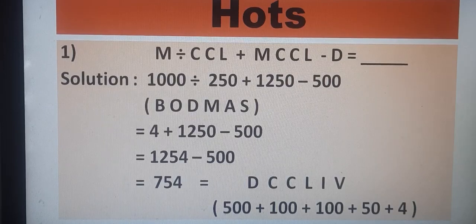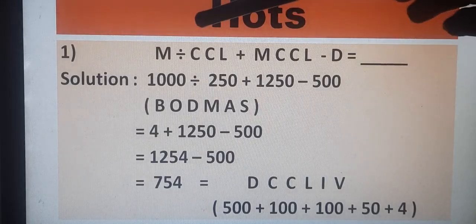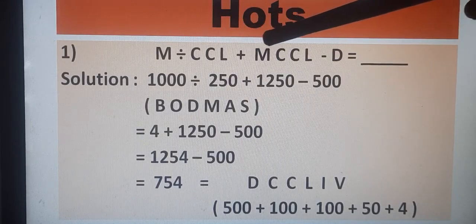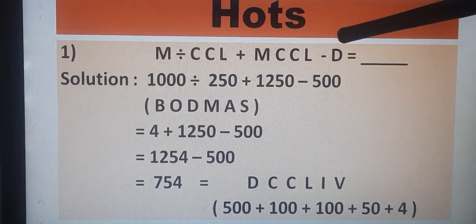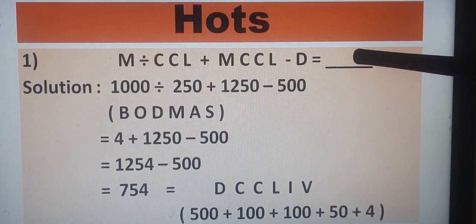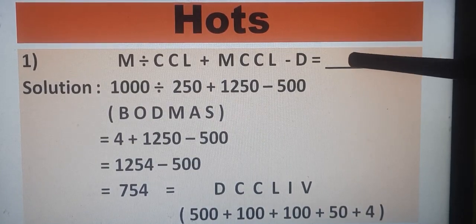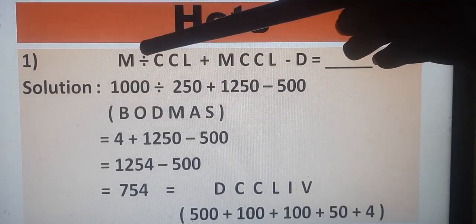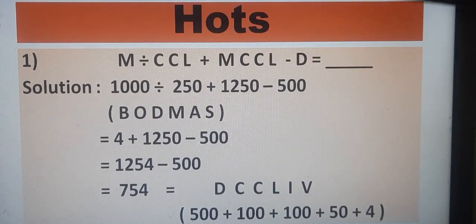These are the hot questions given in your book. First question, M divided by CCL plus MCCL minus D is equal to dash. Now beta, we have to fill up. So first we have to solve this. Now you see that there is sign division, addition, subtraction.